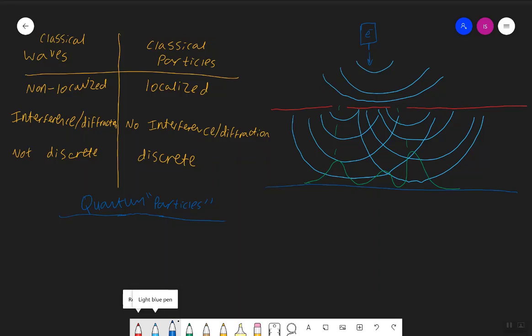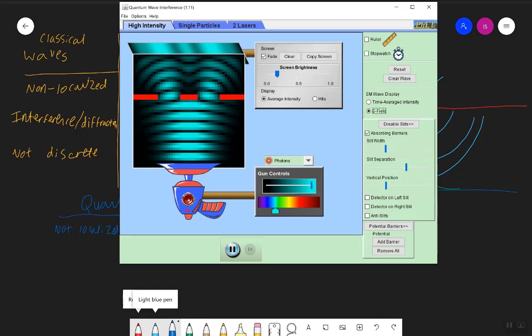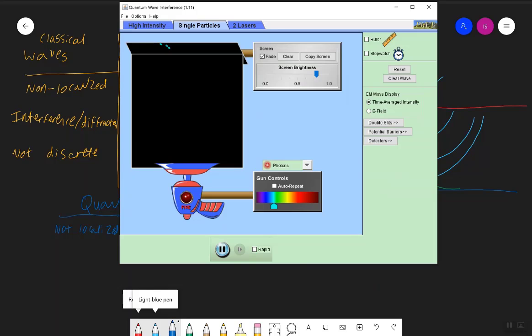Okay, so quantum particles are not localized until you measure. We can show that by this electron, which has sort of a probability, as you can see with this single particle.